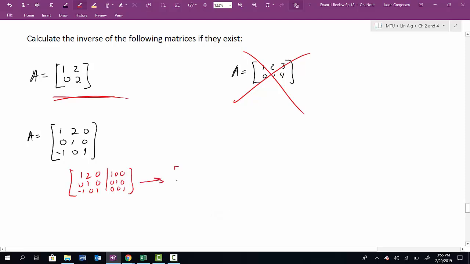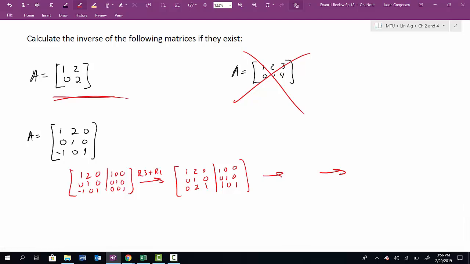So in this case, I do my row reduction. I would take R3 plus R1. I would get 0, 2, 1, 1, 0, 1. And then I would do a couple more steps like that, doing the row reduction.